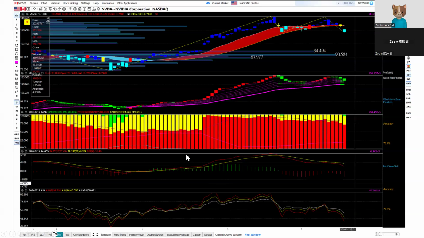That's why in my system I can check. For example, for NVIDIA, it usually tops out at 85 to 90 every time, but some hot stocks might top out at 95 or something ridiculous.